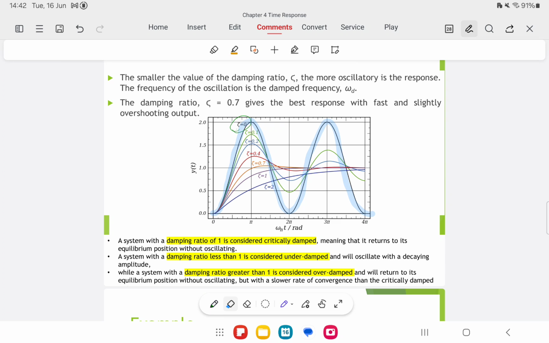So this is a very unwanted condition. We do not want this, because no matter how long we wait, we still cannot get the output. And the second case, zeta between 0 and 1: green, blue, red and orange, right?